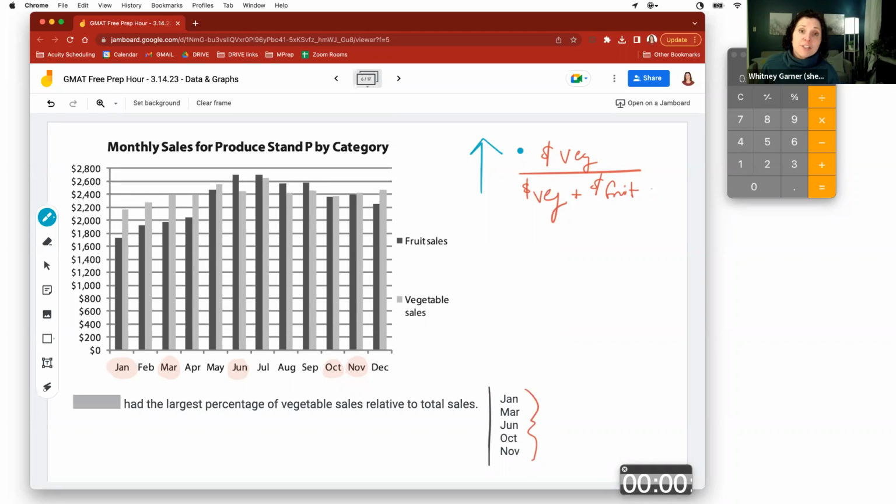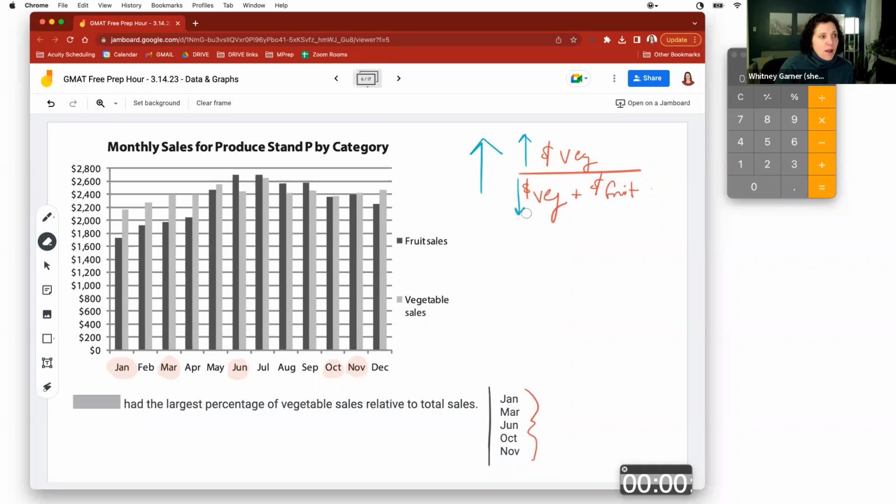Exactly. I make it bigger by increasing the numerator and decreasing the denominator.